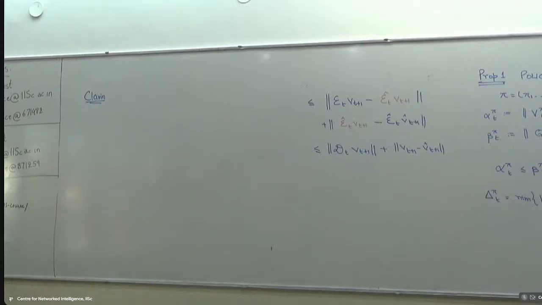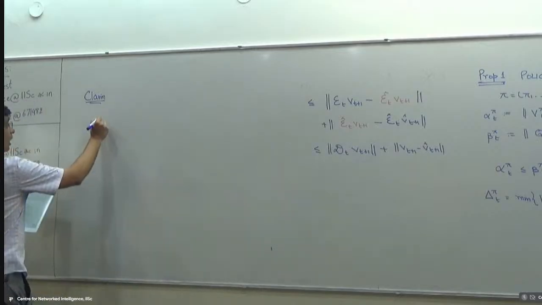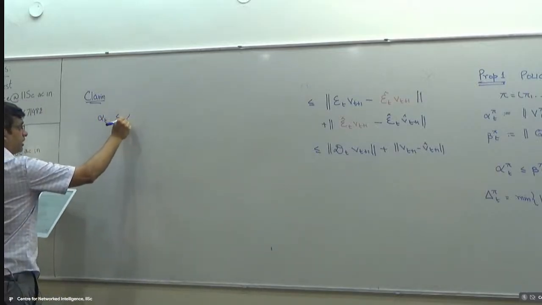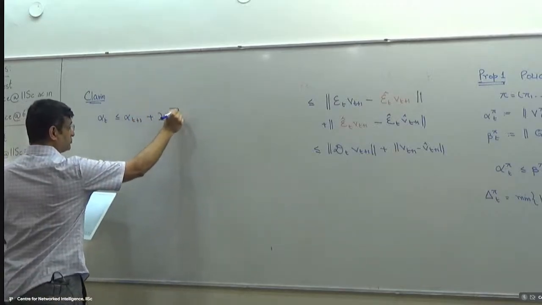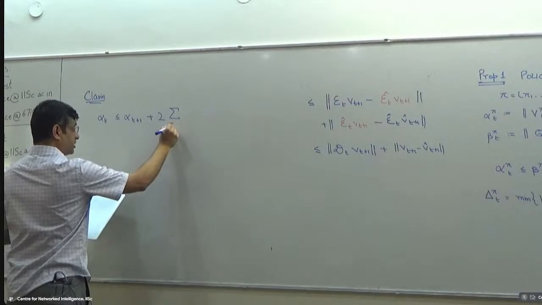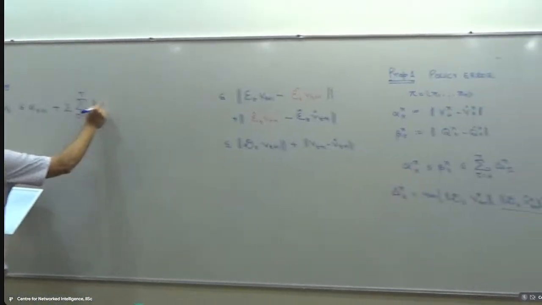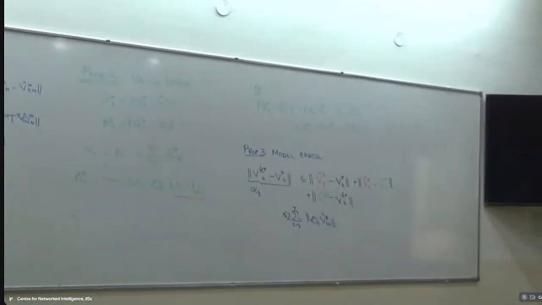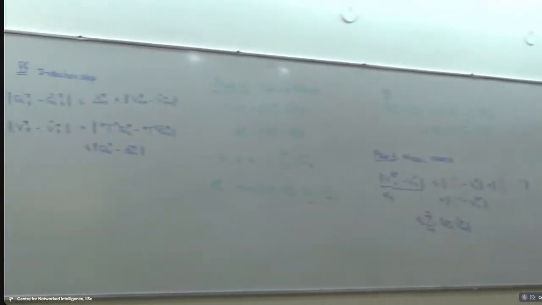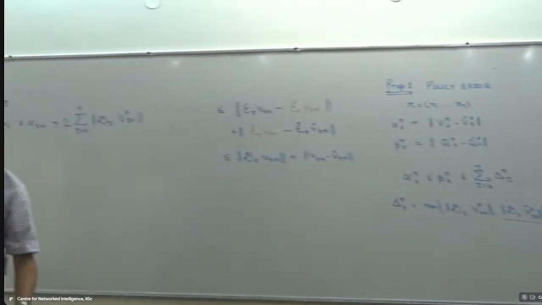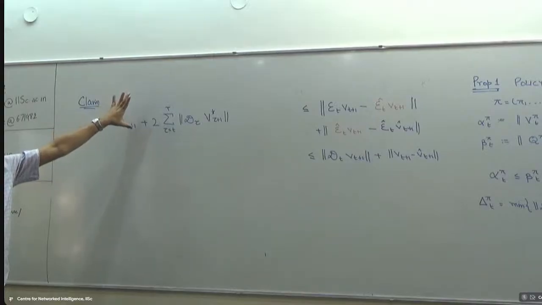I am going to claim that alpha t is less than or equal to alpha t plus 1 plus twice the summation tau equals t to capital T of the mismatch operator at tau applied to V star at tau plus 1. I'll prove this claim in a bit. Let's just believe this claim is true.